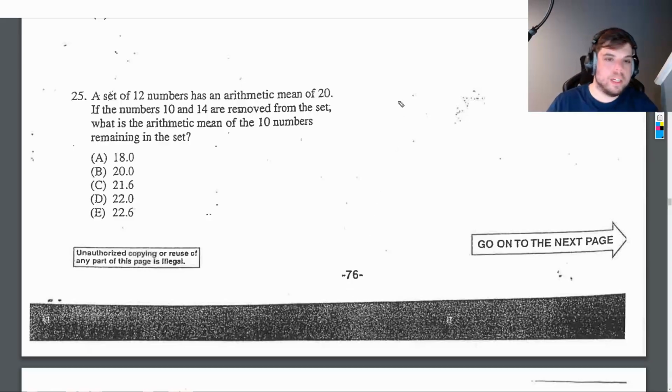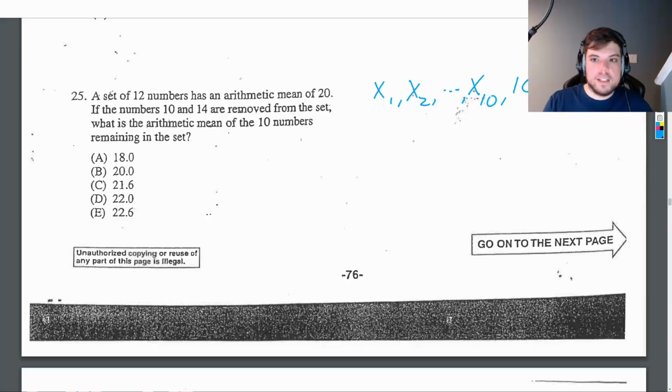Okay, let's just use what we're given. A set of 12 numbers has an arithmetic mean of 20. So let's say x1, x2, dot, dot, dot, x12 are 12 numbers. Actually, no. x10, and then we have the number 10 and the number 14 removed from the set.